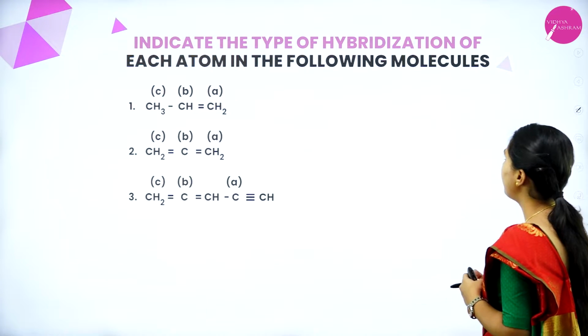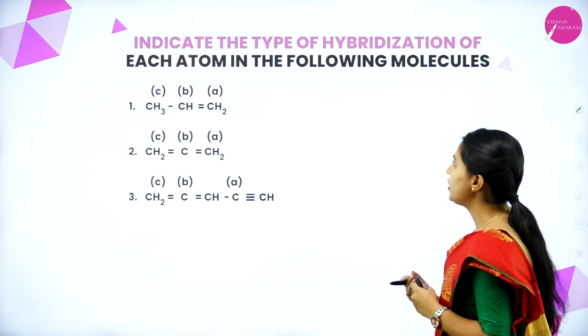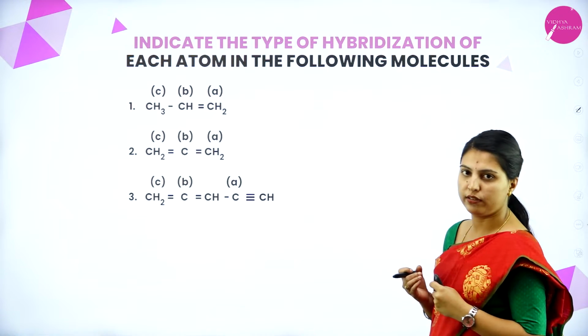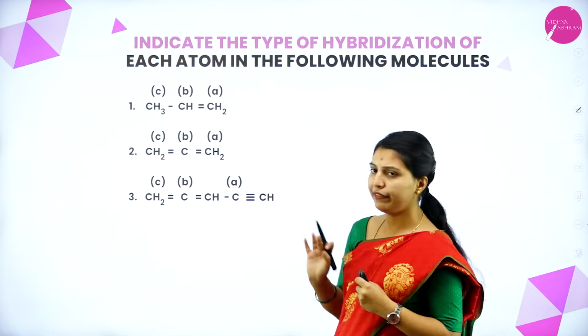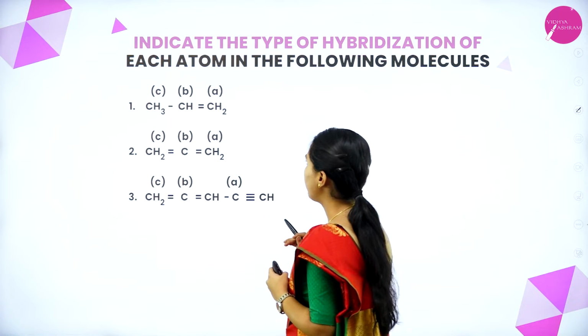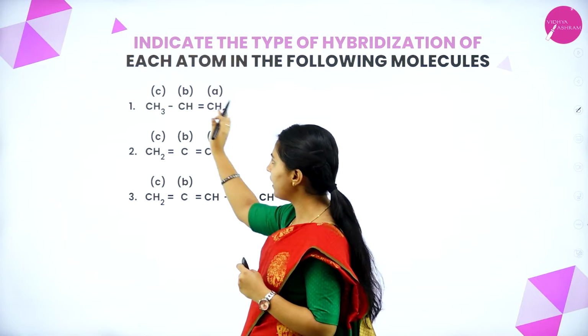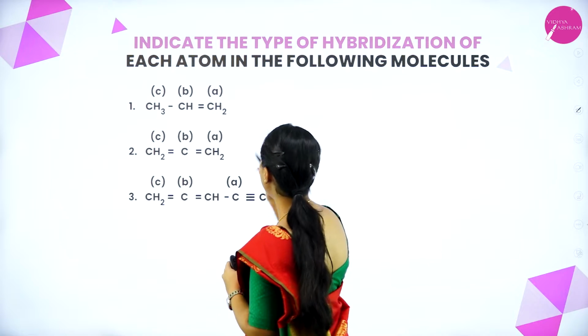Here, indicate the type of hybridization of each atom in the following molecules. These are the three examples of how you have to identify each compound. Now first, this is in a condensed form, so you have to elaborate.